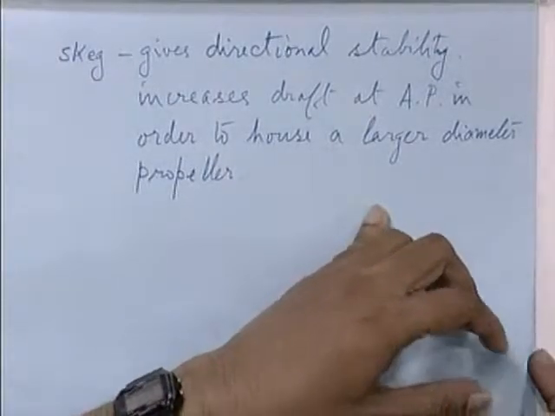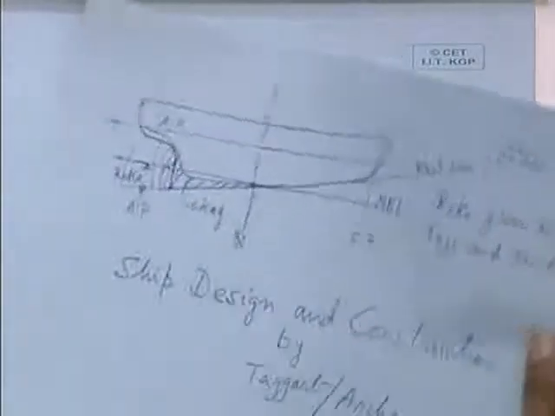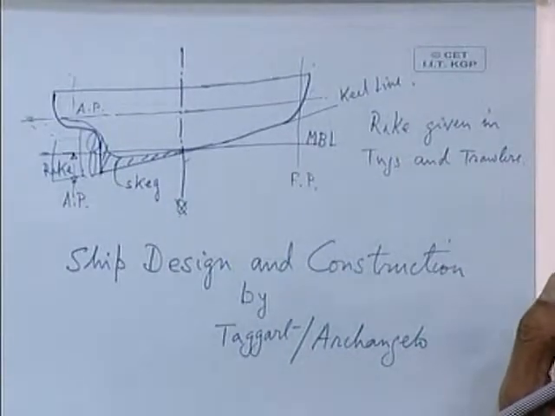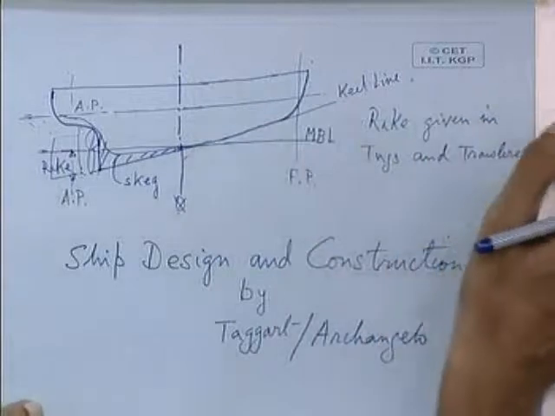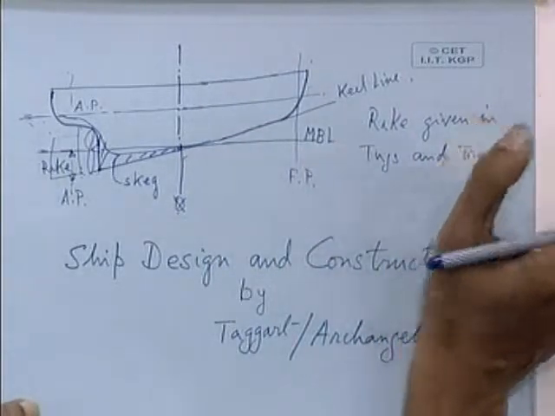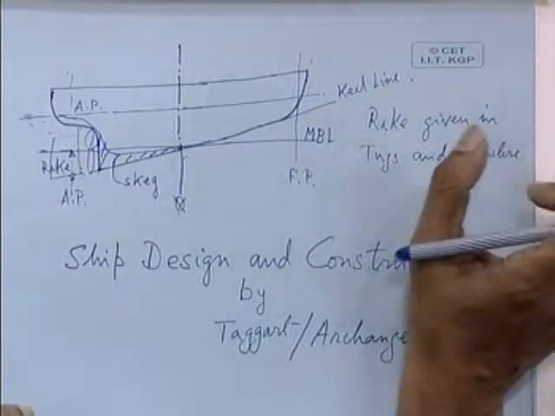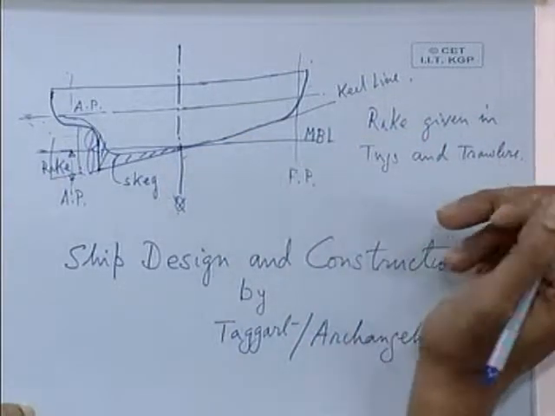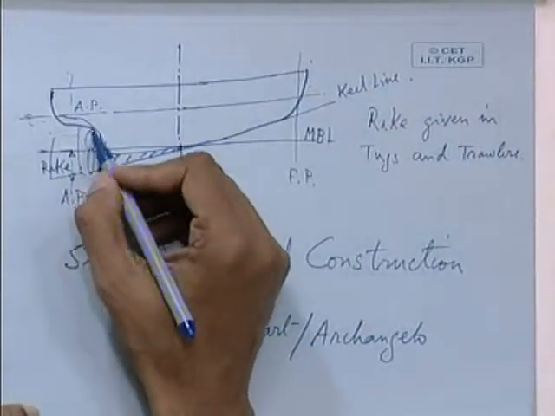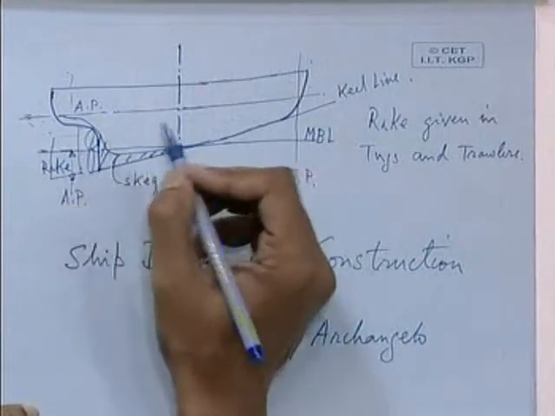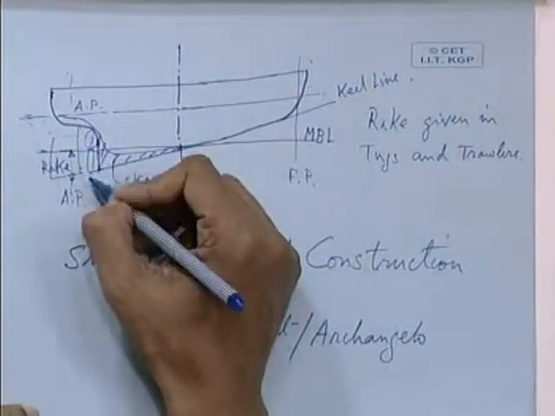Tugs and trawlers are highly powered vessels. That means the bhp of the engine is quite a lot larger than for cargo ships or tankers. The amount of power you require per ton in the case of a tug or a trawler is much more. Since the propeller has to deliver higher horsepower, normally the diameter is also increased in order to accommodate a larger blade area ratio.